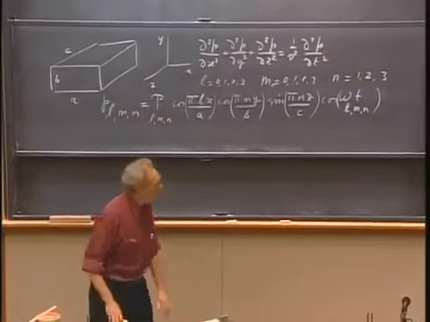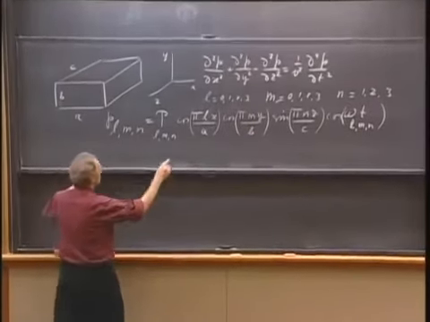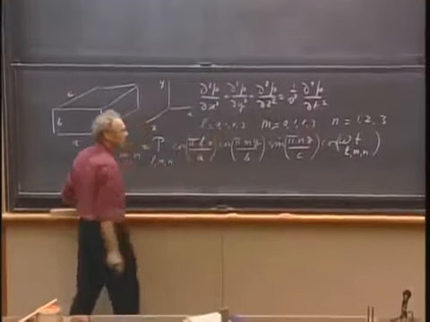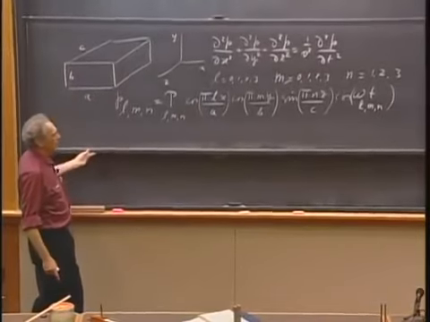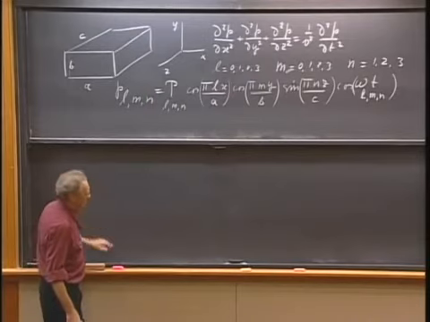And the frequencies that you will get, you will find by substituting this solution back into the differential equation, into the wave equation, which gives you the connection between omega and k.